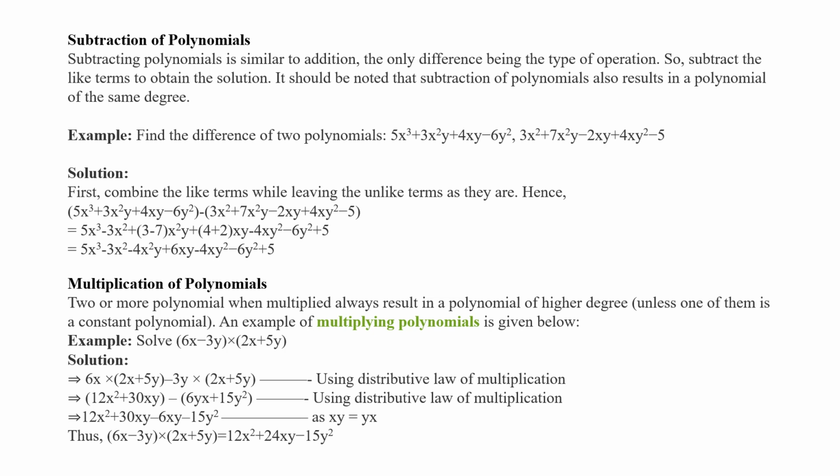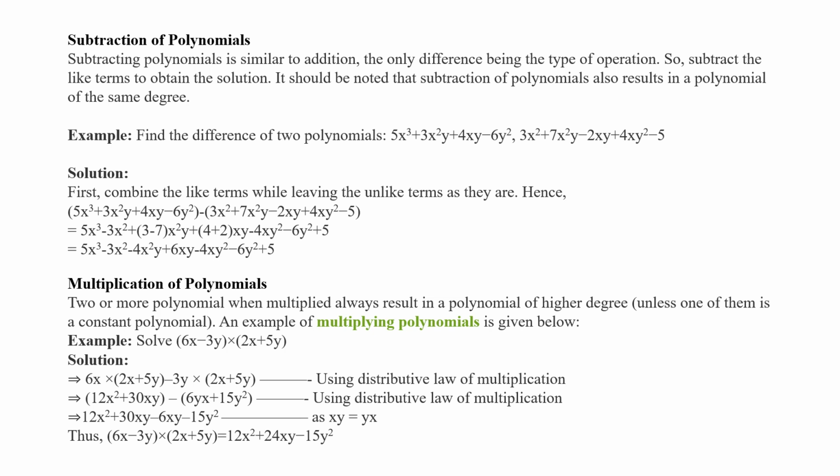You have to take each term of the first bracket; suppose you have 3x plus 2y, so there are two terms: 3x is the first term and 2y is the second term. Here in this question, 6x is the first term, multiplied with the whole second bracket, and minus 3y is the second term, multiplied with 2x plus 5y.